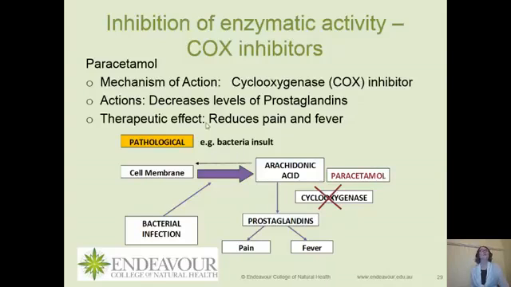So now, if the person has a bacterial infection and there is the potential for pain and fever, we can block those symptoms by blocking cyclooxygenase, a drug that switches that enzyme off. And we'll look at how paracetamol does that reversibly, and how aspirin does it irreversibly, that each drug, though it may target the same chemical in the body, may do so in different ways.